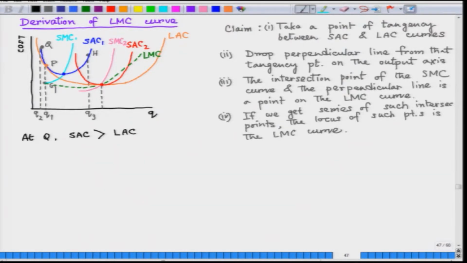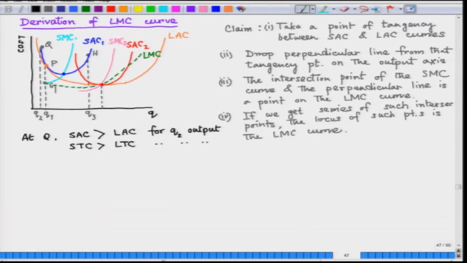So now if I multiply this short run average cost and long run average cost with the Q2 output level, then what do we get? We get short run total cost is greater than long run total cost for this output level, right.